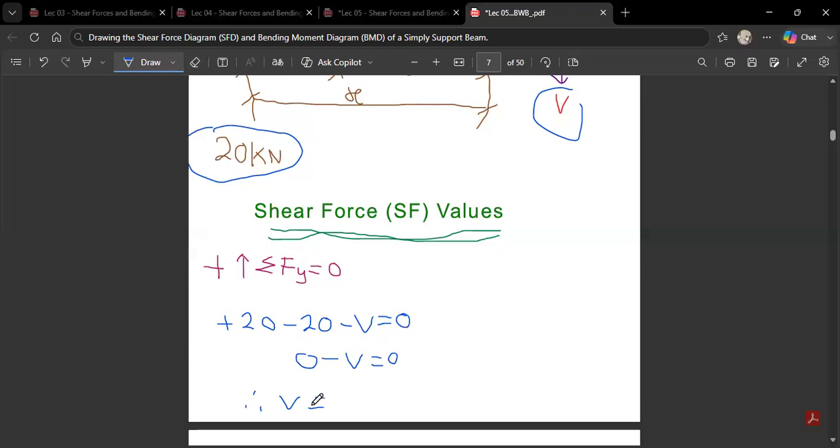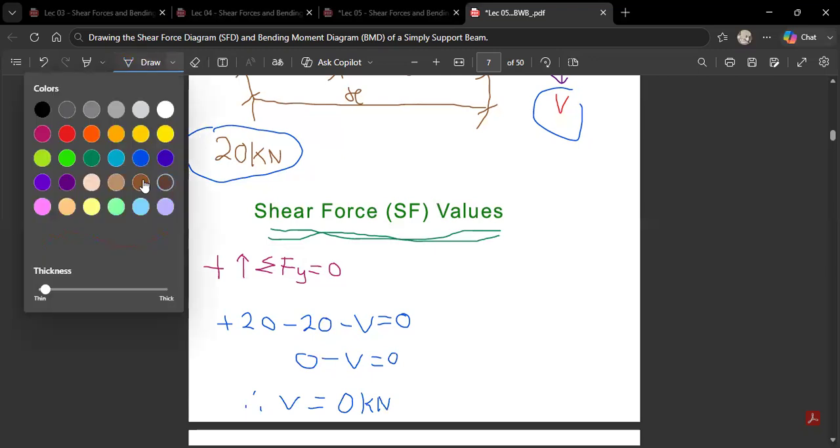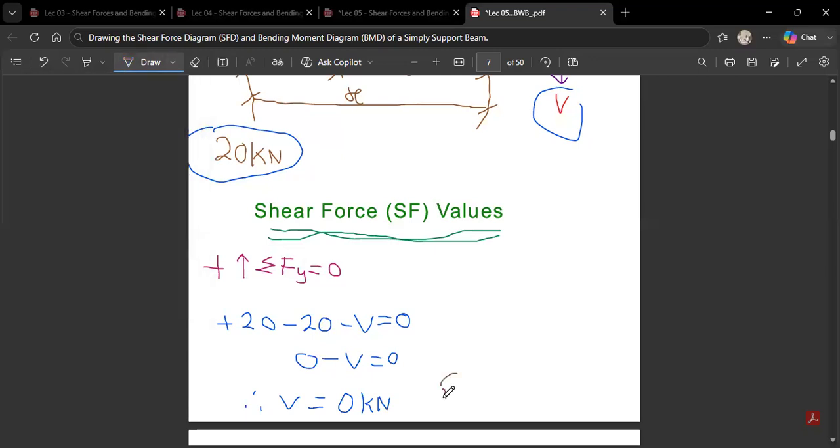Finally, therefore we can say that our V is equal to 0 kilonewton. And this gives us a constant. So this makes our shear force value constant, because there is no variable like x attached to it.